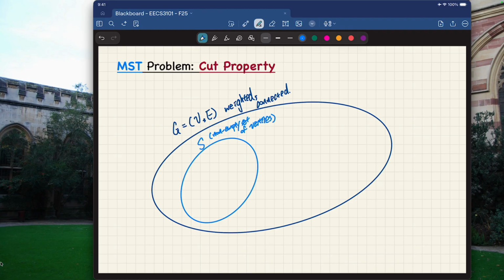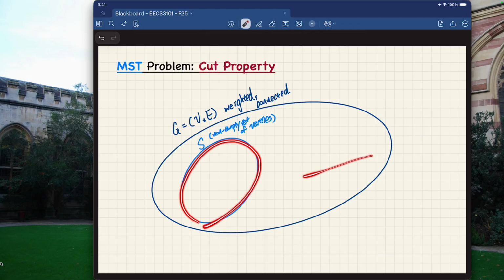Of course, the smallest S you can get is one that contains only a single vertex, a singleton set. And then we got a cut here, with S over here, and also the rest.